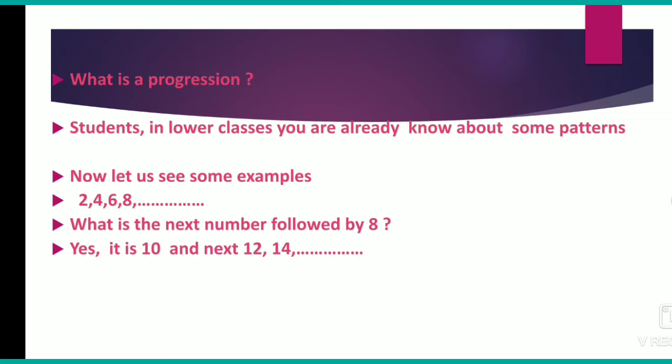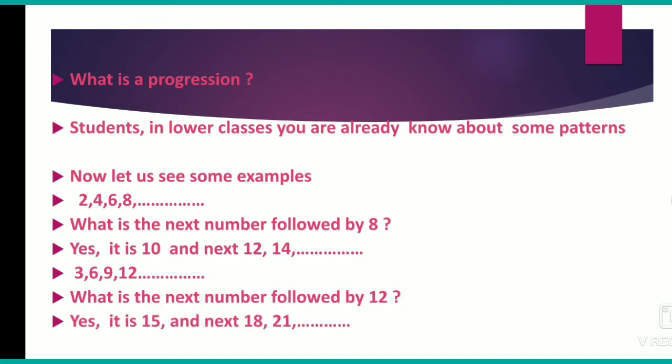By observing the first 3 or 4 terms, we can easily say the next term. And next, 3, 6, 9, 12 and so on. Can you think what number follows 12? Yes, it is definitely 15, and next 18, 21 and so on.